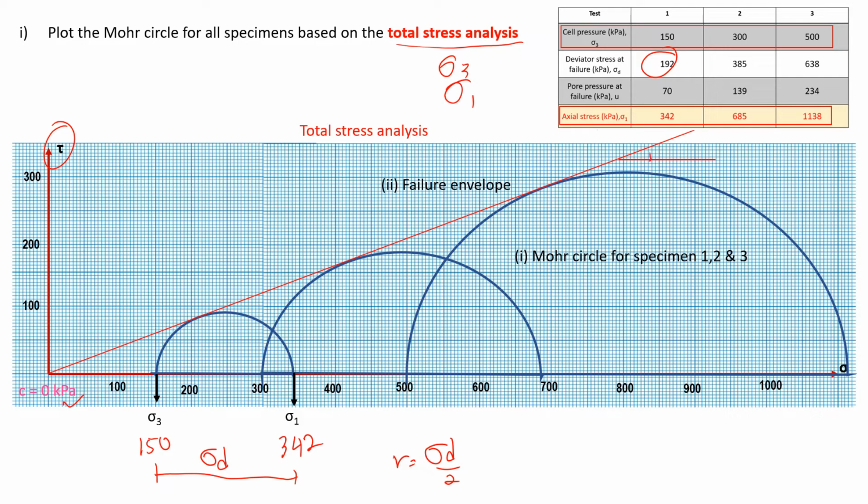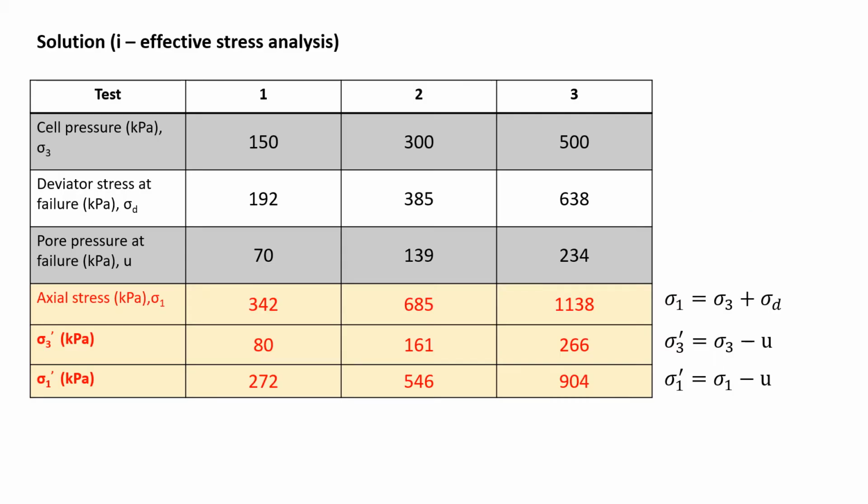And don't forget to measure the angle of friction using the protractor. So you will have the angle of friction of 23 degrees. This is for the total stress analysis. It is straightforward: you just use the sigma 3 given in the question and get the sigma 1 from the deviator stress given in the question.